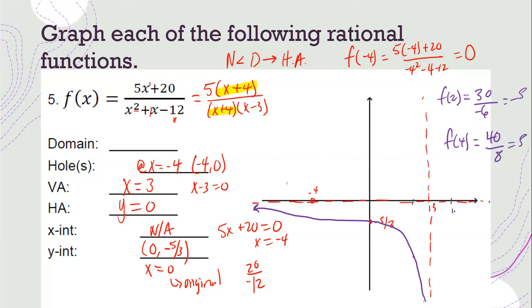So on this side at 4, it's going up to 5. So I have to make sure that the graph is somehow going to curve through that. That's what the 5th step is telling you to do: use values around your asymptote to determine the behavior of the graph.